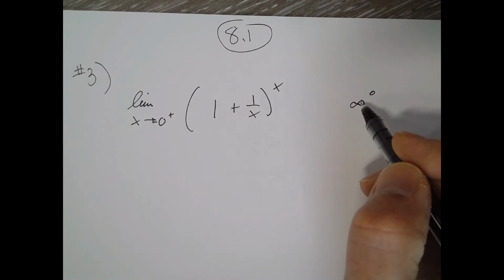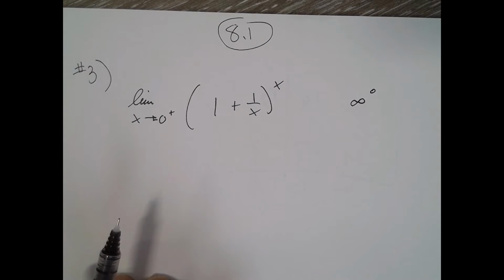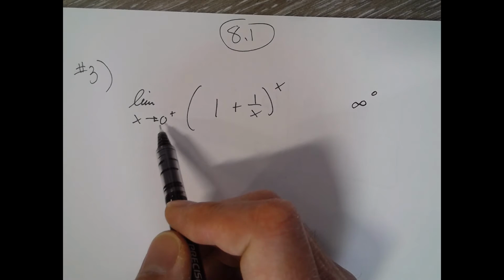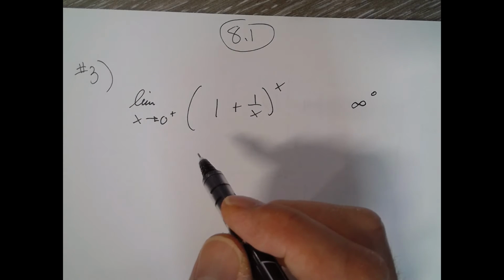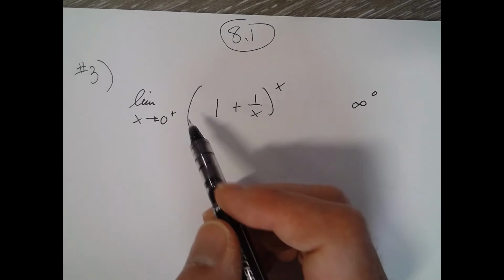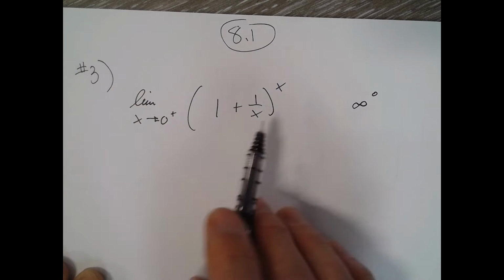So whether it's positive infinity or negative infinity, in this case it's positive infinity, either way it's in indeterminate form. So the right-hand limit here may or may not impact us. I don't think that it does in this problem, but that's how the plus differs from the minus.